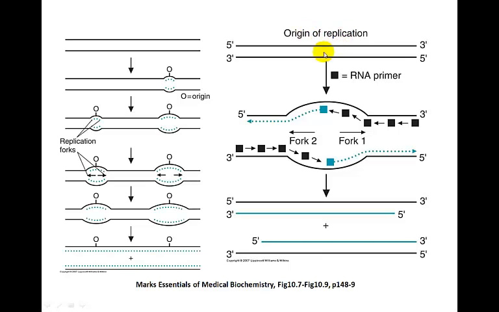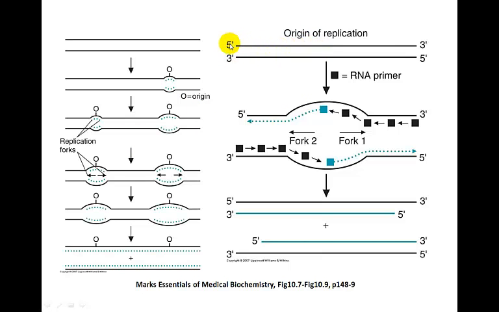And in prokaryotes, the chromosomes are circular, and you have one origin of replication, and the replication forks move in both directions, and eventually they merge, and you now have two chromosomes. But eukaryotes have linear chromosomes and they're not circular. And we're going to talk about the ends in a minute, and we're going to also talk about the origins of replication. So let's look at one origin of replication in a linear chromosome.